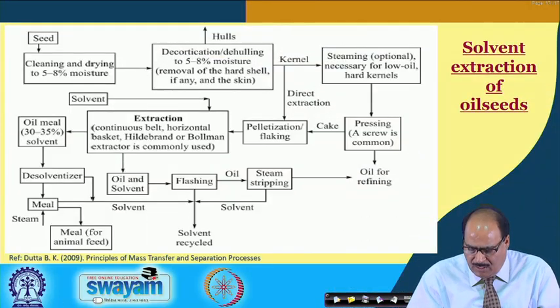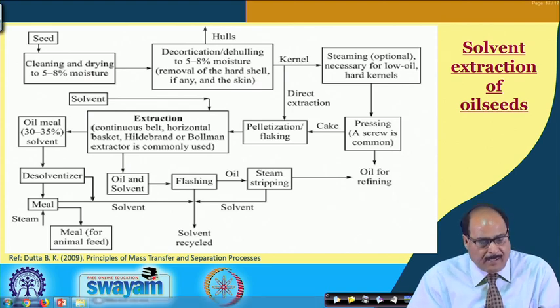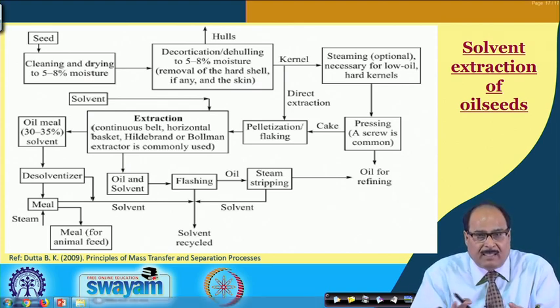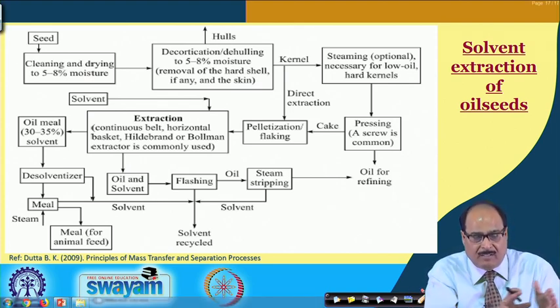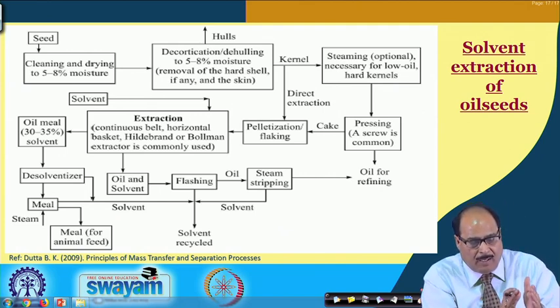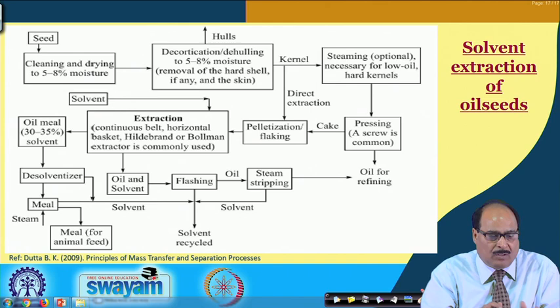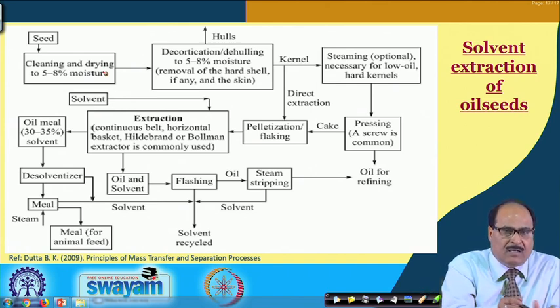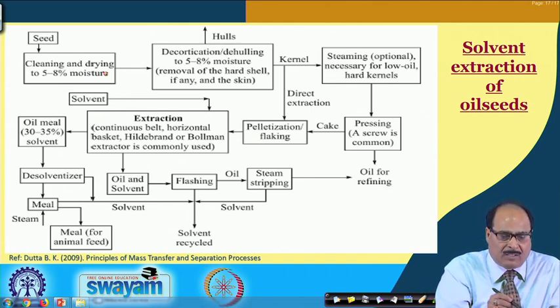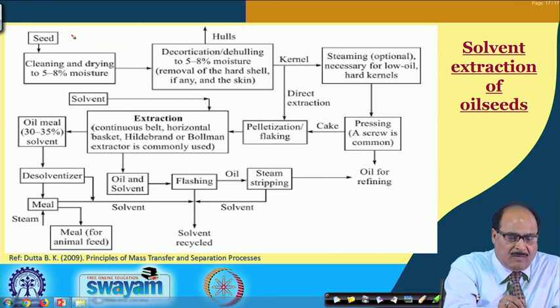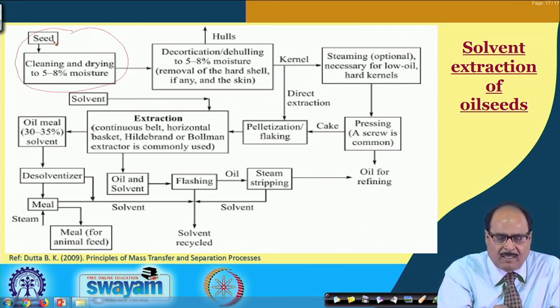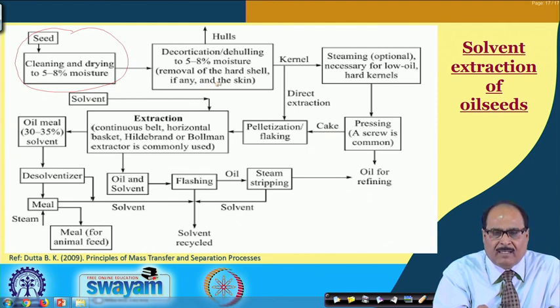Here, just see an overview of the extraction process in a factory, that is the material flow and how the solvent extraction process is carried out. In the earlier part of the lecture we saw that the seed is cleaned and dried to suitable moisture content, then sent to decorticating or dehulling, where hulls are removed.